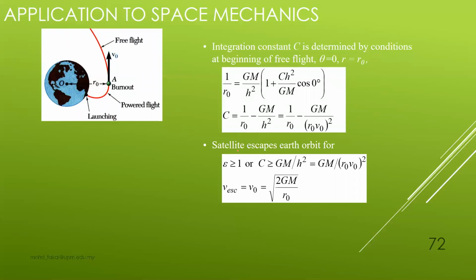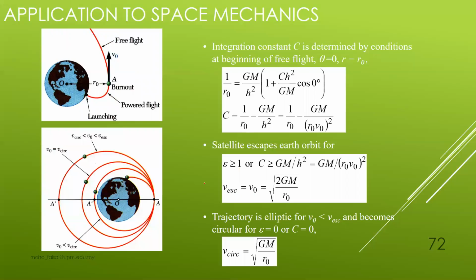For a satellite to escape Earth orbit, you can use this particular formula to get the escape velocity, the minimum velocity to escape from this Earth orbit.